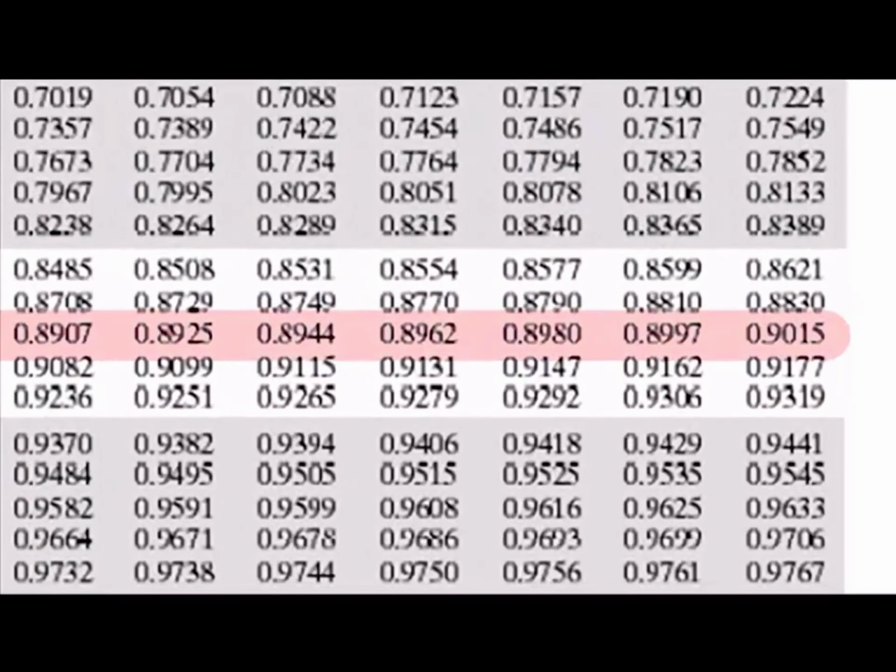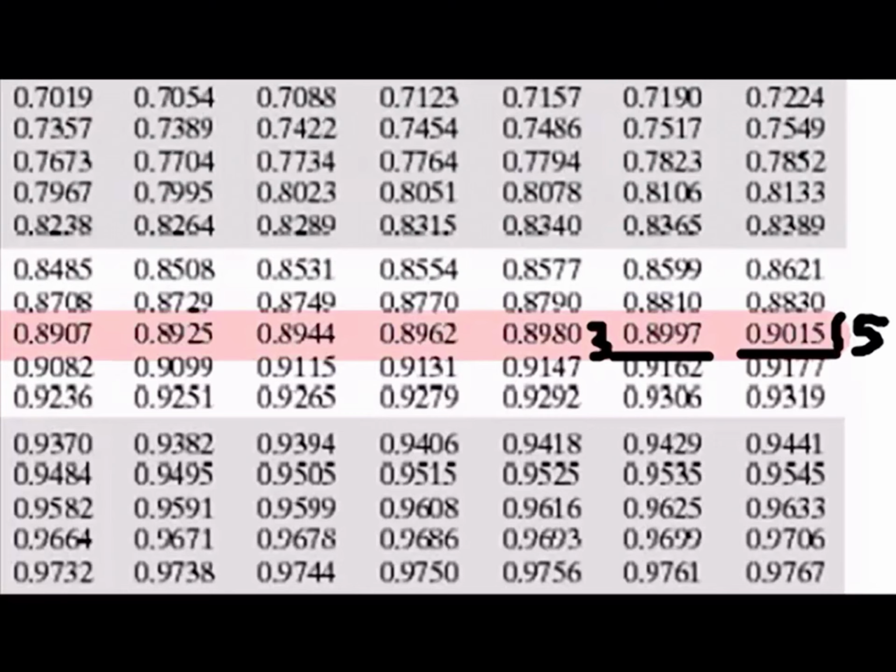As I look at those, I see that I don't really have 90. I have 8997 and 9015. Both are close, but 9015 is 15 away, and 8997 is 3 below. The 3 below is much closer.